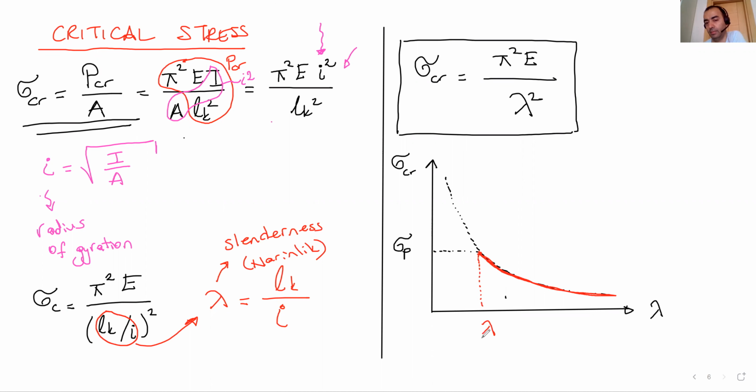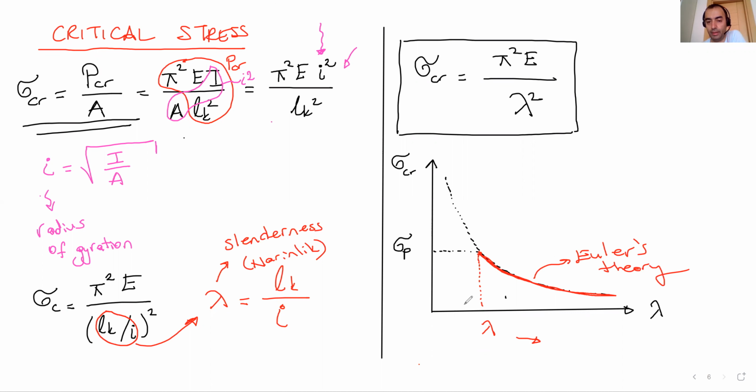What we have here, we have a lambda limit. So if our structural member is more slender at this side, the lambda gets bigger, so it gets more slender. Euler's theory works here.